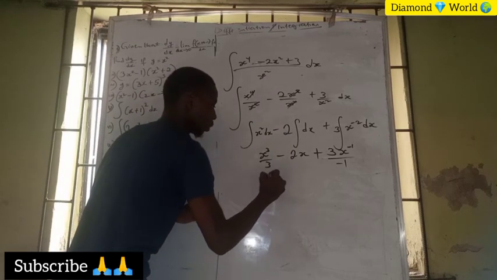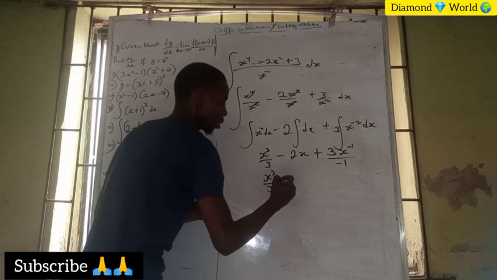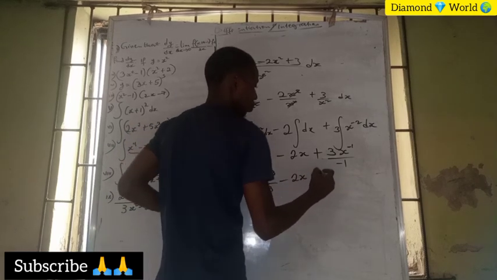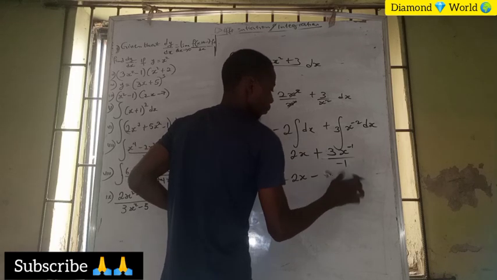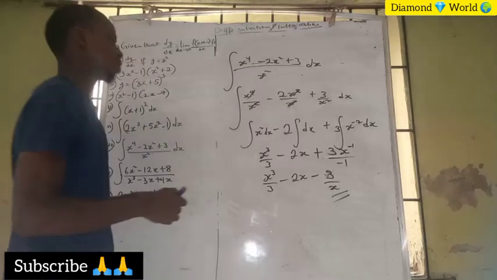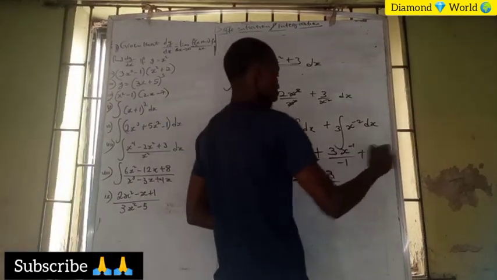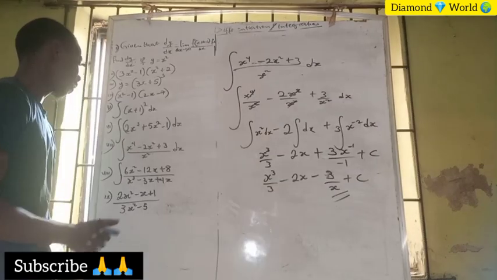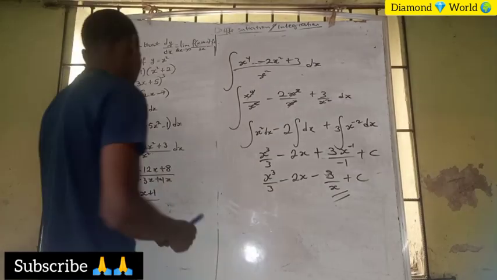So I'll be having x to the power 3 divided by 3, minus 2x, minus 3 over x. Now this is plus c. Don't forget to put your plus c or k, anyone. Now we are done with this.